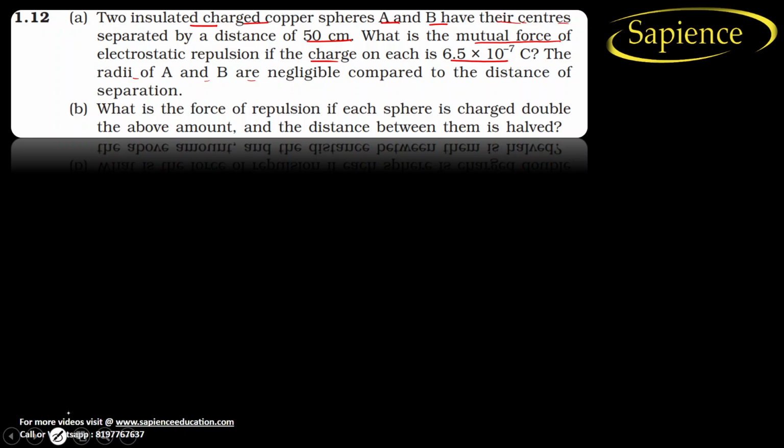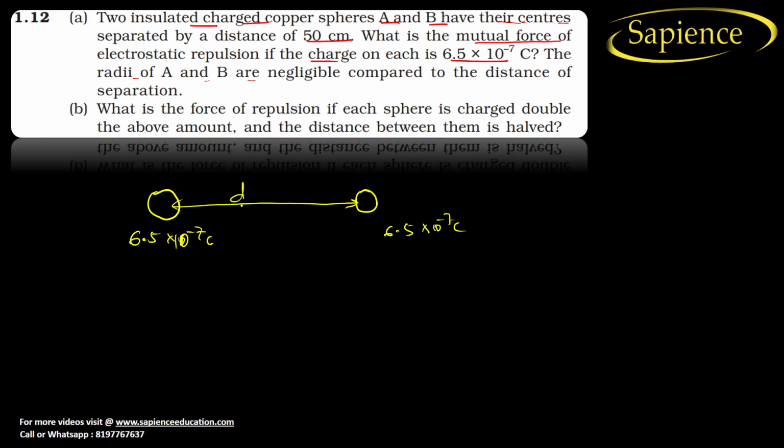So let us suppose there are two charged balls. This is a charged ball and there is another charged ball. It has a charge of 6.5 into 10 to the power minus 7 coulomb, and it also has the same charge, 6.5 into 10 to the power minus 7 coulomb, right? And the distance, we can say, is d1.